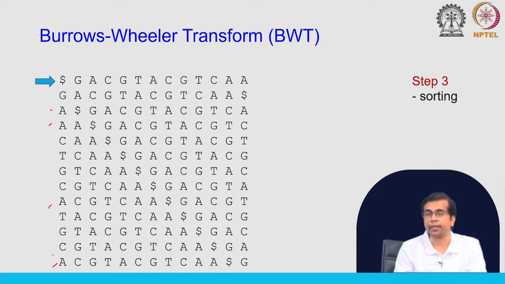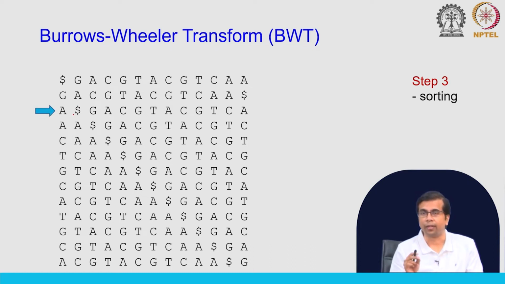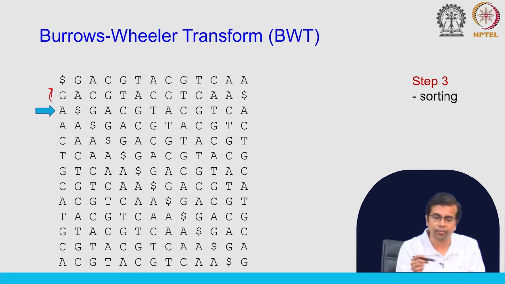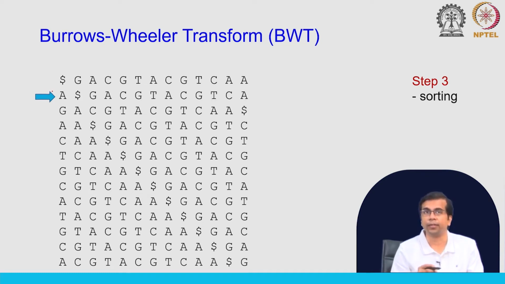If the first letter is the same, we look at the second letter. And if we look at the second letter, we see this one has dollar. Again, remember dollar is smaller than all the letters. So, this one should be taken up now. We will move this here, and this will form the second string. So, this is the first, this is the second. The first two are now sorted.